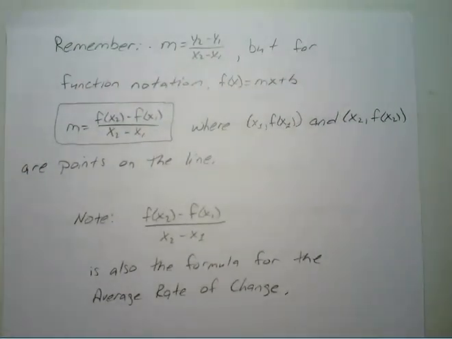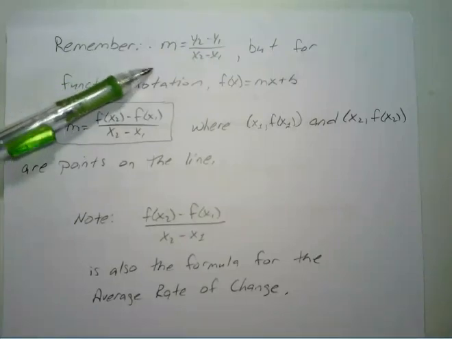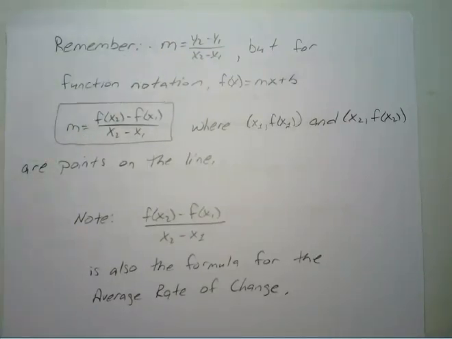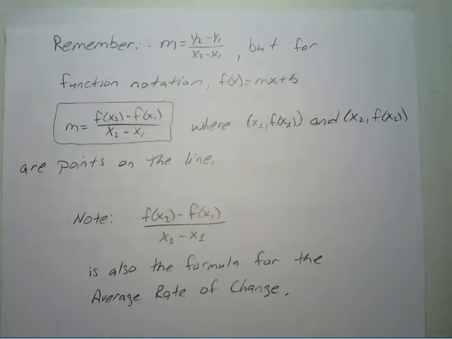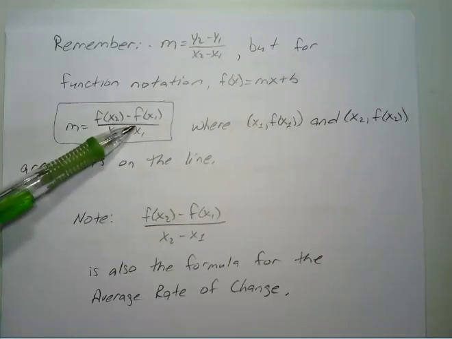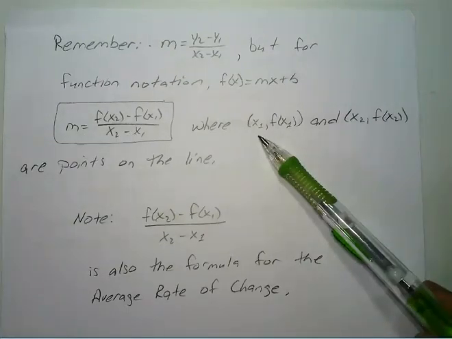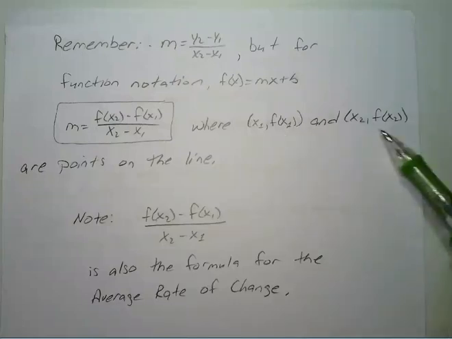Okay, and if you remember, the definition of a slope, which is y2 minus y1 over x2 minus x1, but in function notation. All right, so in function notation, that's f of x2 minus f of x1 over x2 minus x1, where (x1, f of x1) and (x2, f of x2) are points on the line.